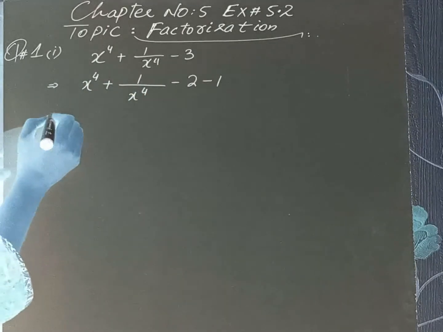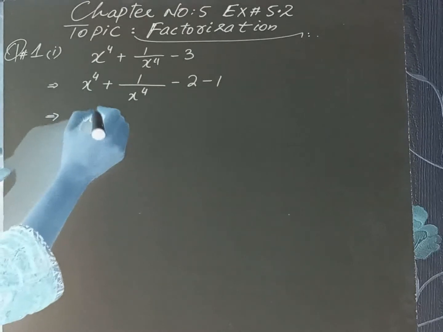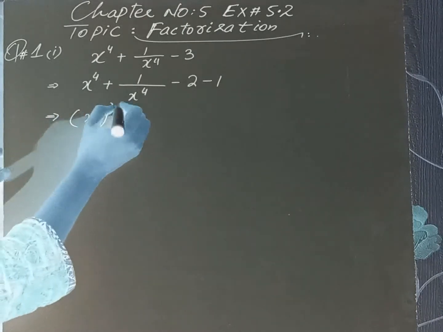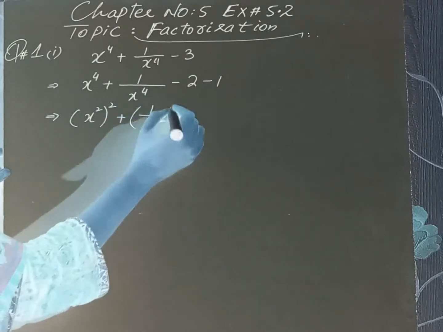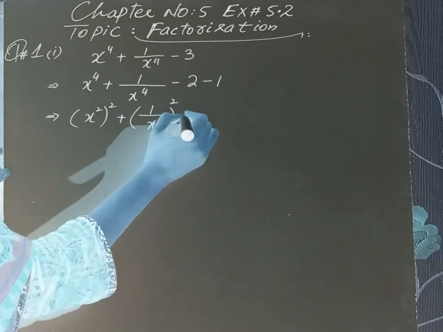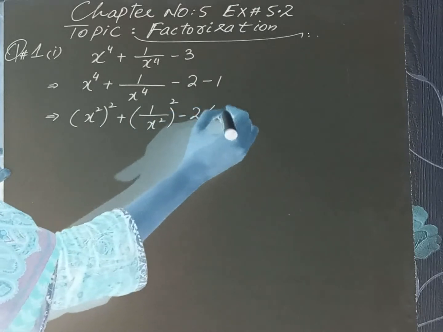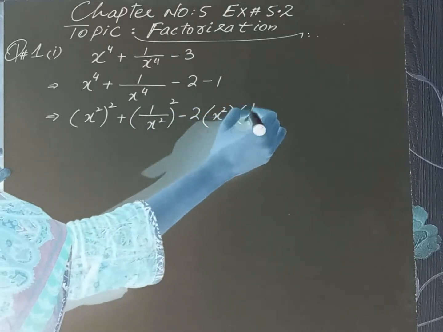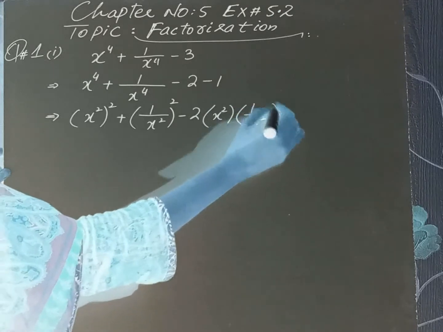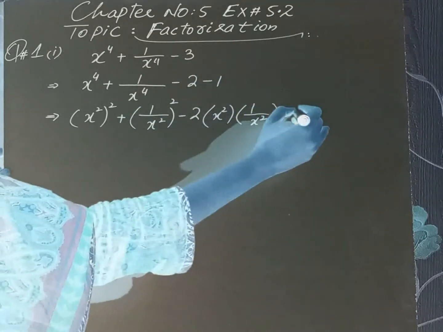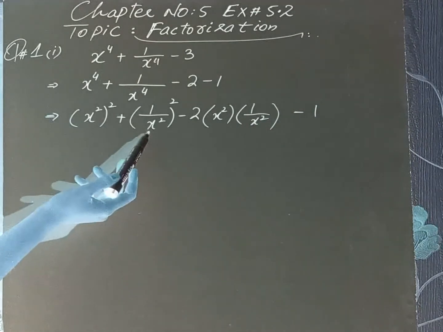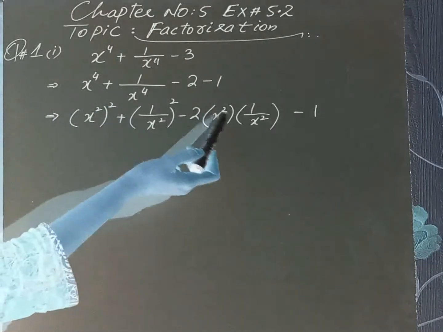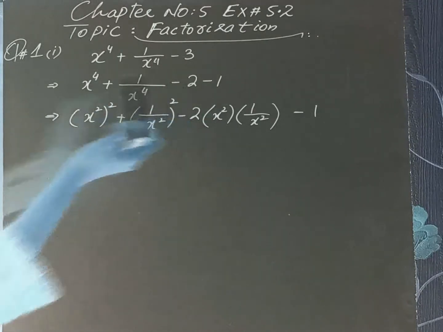This is a perfect square of x square, and this is a perfect square of 1 over x square, with minus 2 into a, meaning x square, into b, meaning 1 over x square. The minus 1 that is left we write as it is. If we open this we get this, and this is cancelled by this, equal to minus 2.